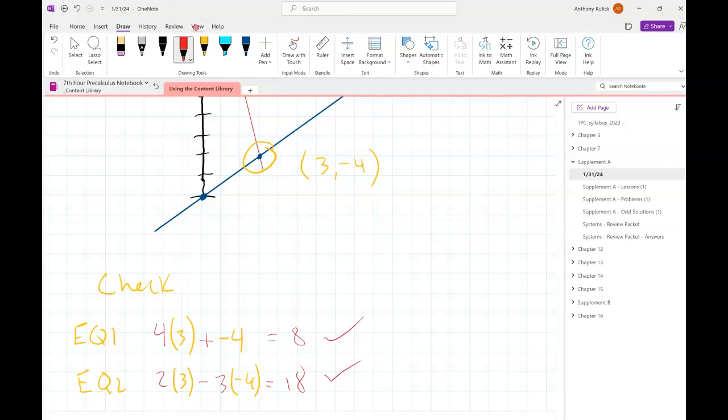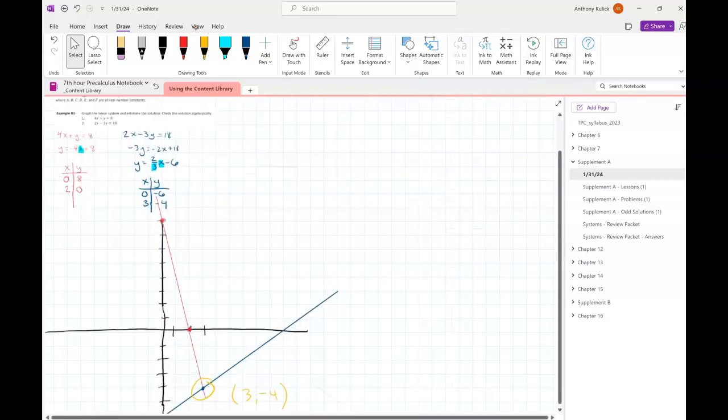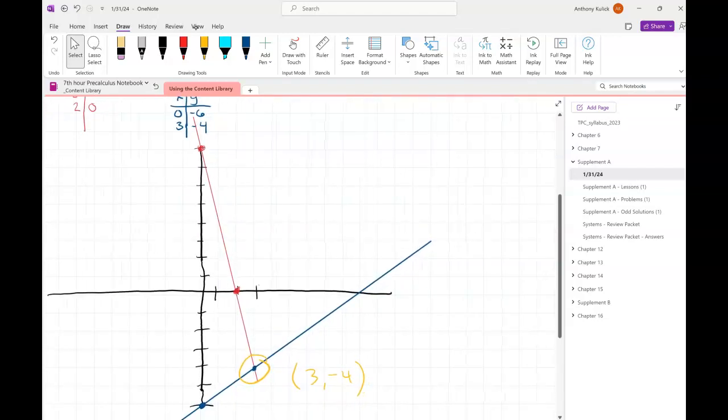Everybody okay? What's the downside here? You gotta make a graph, right? And really, what's the problem with having to make the graph?